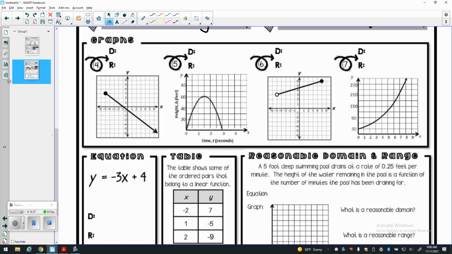The next thing I'm going to ask you is, is that circle open or closed? Closed. Now look above in your notes. If it was a closed circle, what did I tell you we were going to use? A bracket. So what you'll do for domain is you will put a bracket. And what did I say my number was? -5. And then you're going to put a comma and then put your pencil right back down.